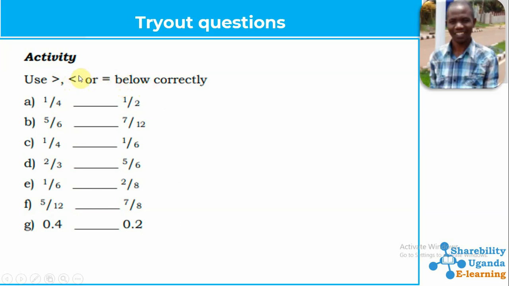They say use it correctly. So that means they want us to first compare and find out which one is greater than another, which one is less than another, which one is equal to another. So we shall be looking at a couple of methods of how we can compare and see exactly whether this one is greater, or this one is smaller, or they are equal.